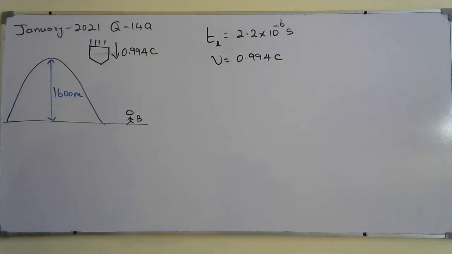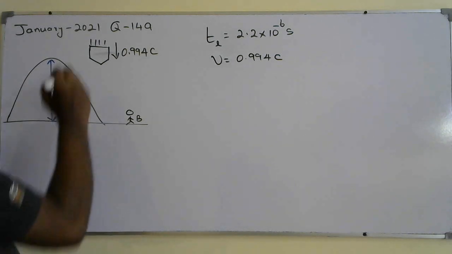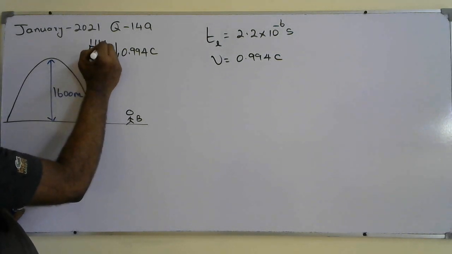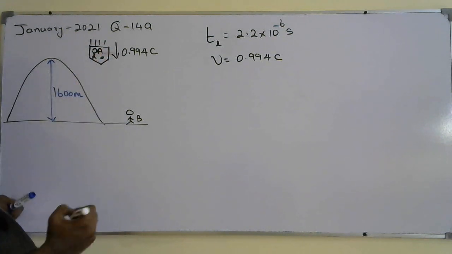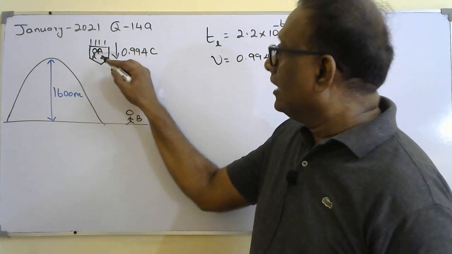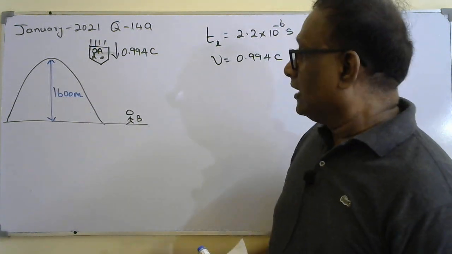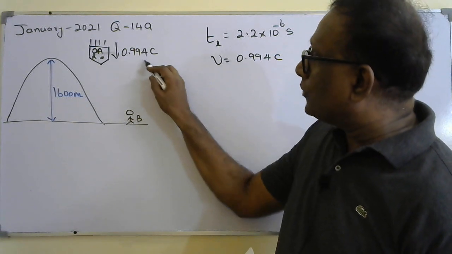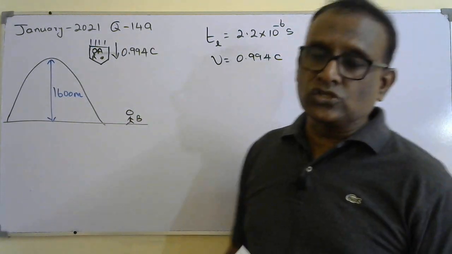There is an observer A inside the rocket, and there is a muon inside the rocket. So relative to observer A, the muon is at rest. But relative to observer B, the rocket is moving down at 0.99 C, which means the muon is also moving at 0.99 C.